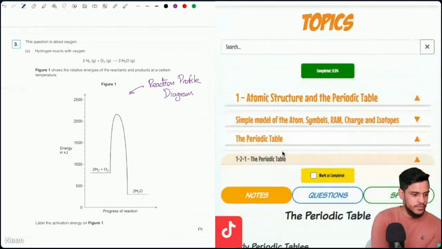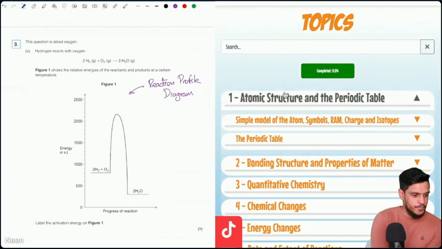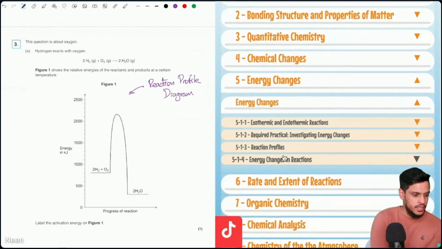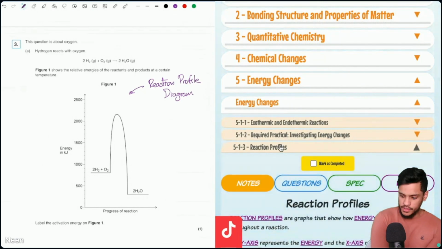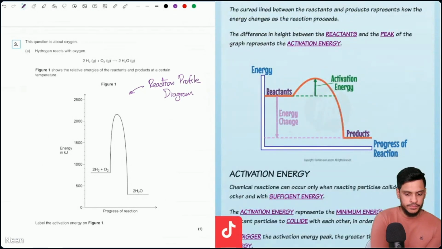So let me get it up on the notes while you guys try and figure it out. It comes under energy changes, reaction profile diagrams. Here we go. You can see here, activation energy is from the reactants all the way up to the top of the peak.